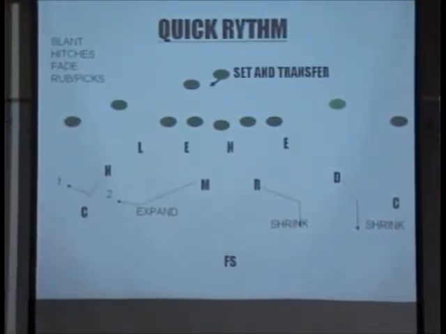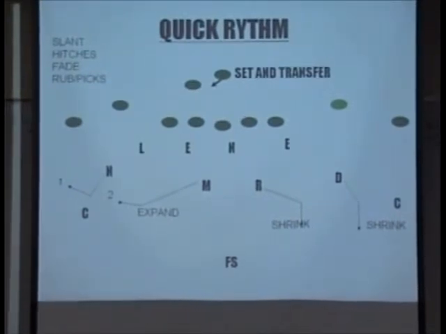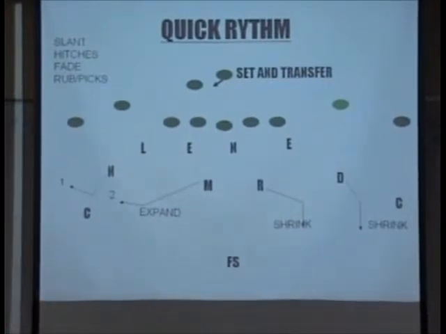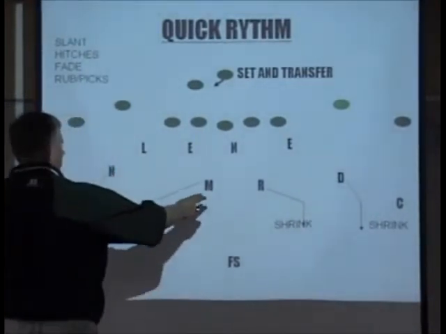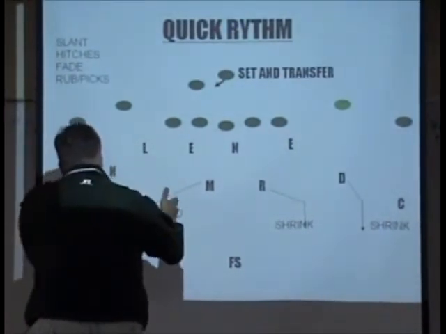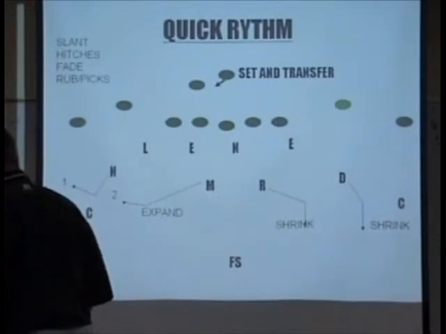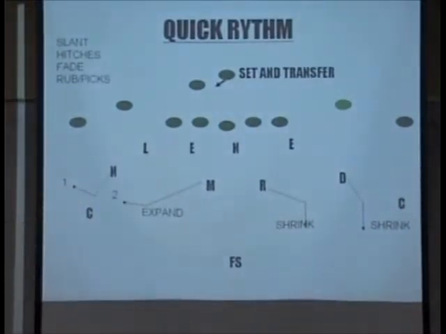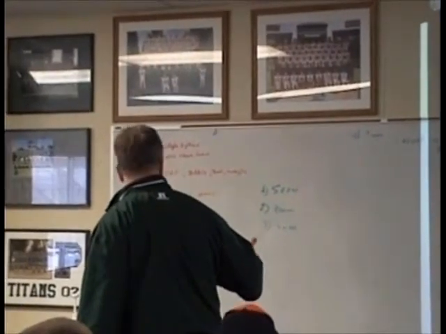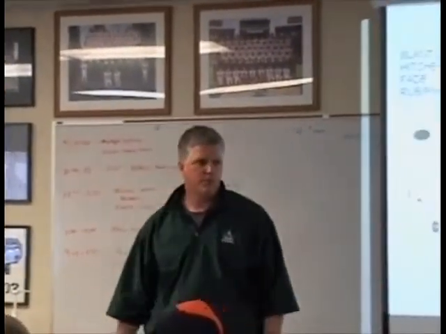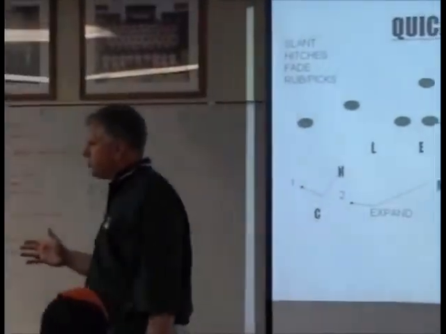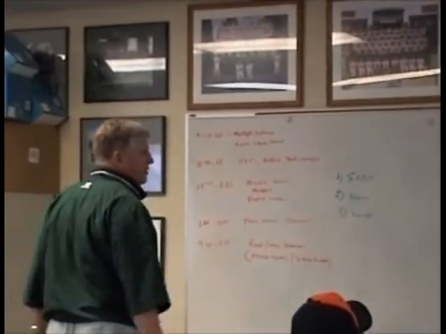If he is throwing the ball now on quick rhythm, that backer on that side is this. If I'm going to start to drop, I'm going to start with the linebacker. If he starts to drop, I set, and my eyes still have to be here first. As I start to drop, I should see the set and the transfer of weight, and I know it's quick, the ball's coming out now. I should never square up. I turn and look at my nearest threat, and I'm going to expand all the way to the near threat now.